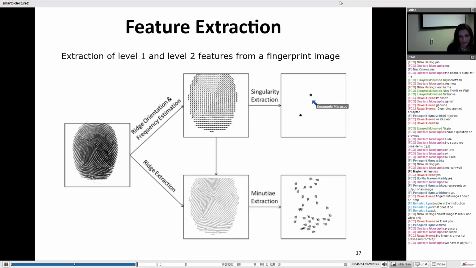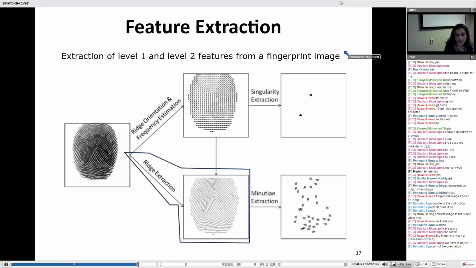Now the question is, which are the type of singularity points that we can have? Which are these singularities? So you can see here 1 and 2, and then 1 and 2. We defined them yesterday, so I just want to make sure that you didn't forget.